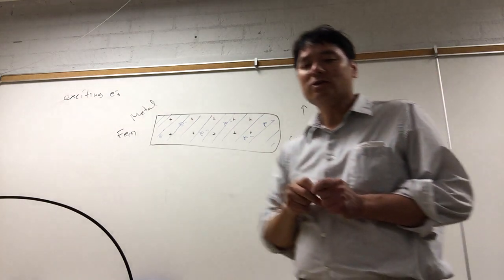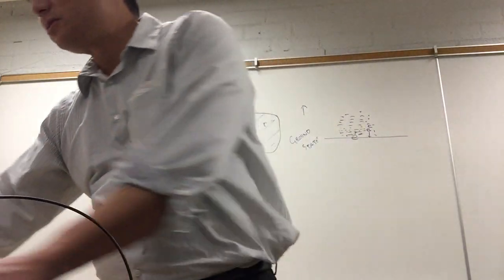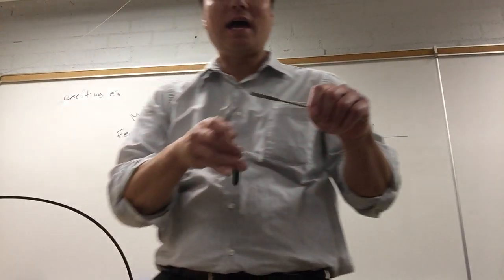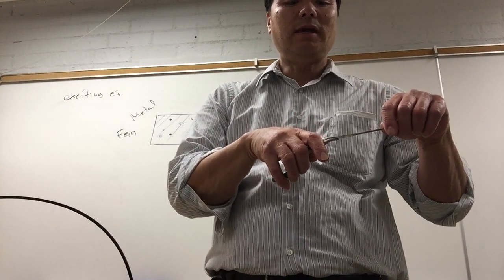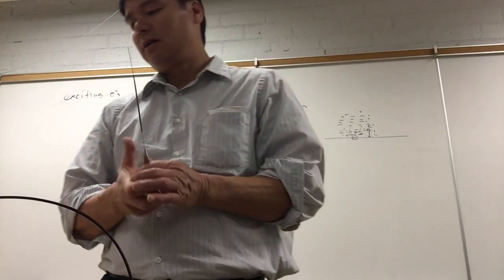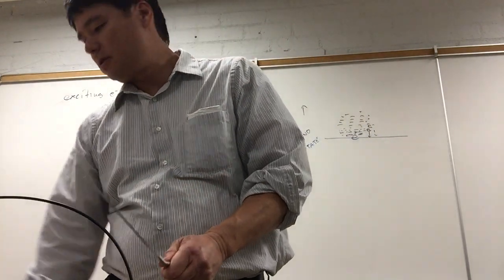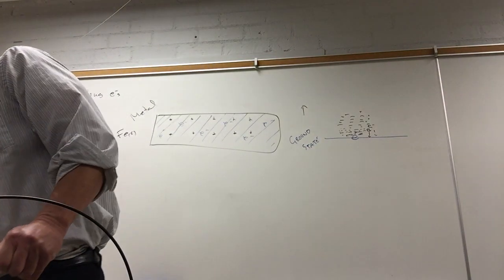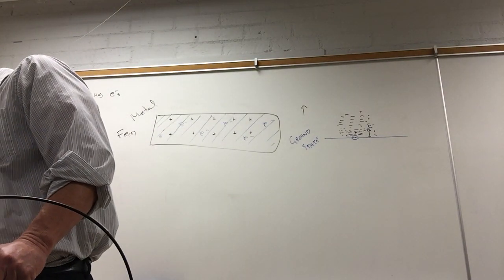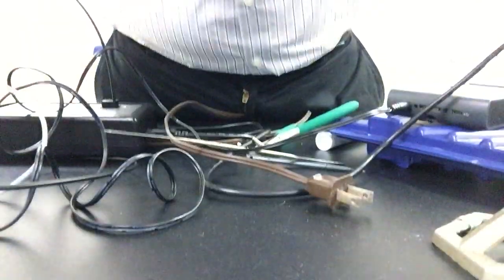So what I'm going to do is excite the electrons using not light, but just heat here in this spatula. I'm just going to grab my matches. I'm using my matches for the pad stand, so let me place that here.